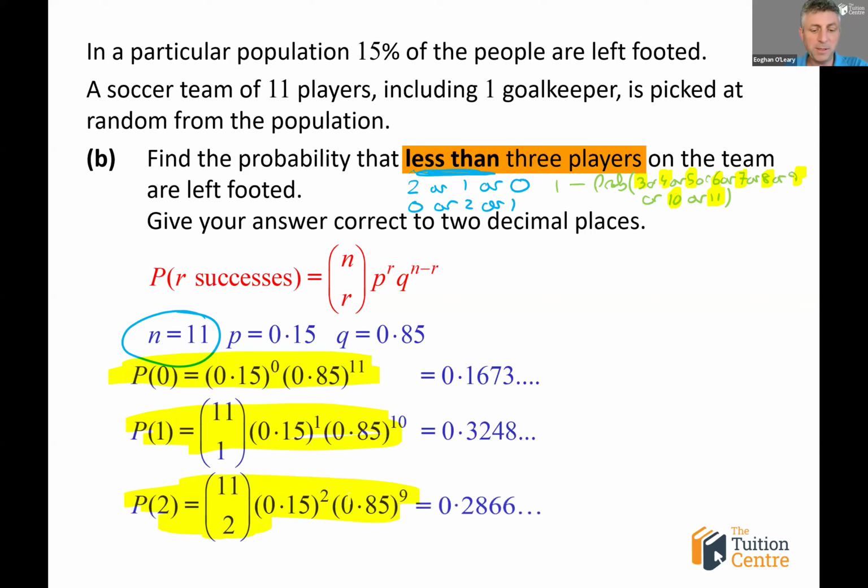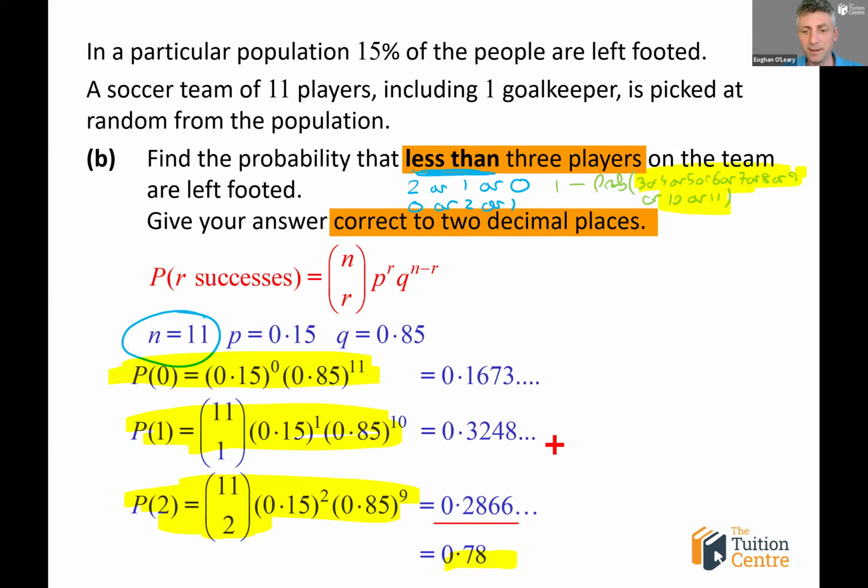Add them together, I get my answer 0.7787, and correct to two decimal places 0.78. So I don't need to subtract from 1 there. As I said, I could do it the other way, get those 9 different Bernoullis and subtract from 1, but why would I? That would just be creating extra work.